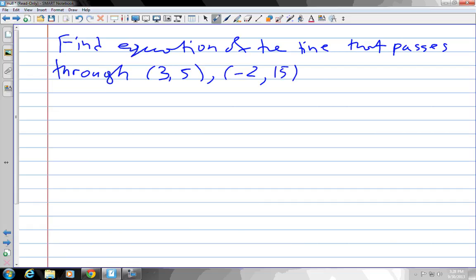So I have a line that goes through these 2 points, and so again, what 2 things do I need to find the equation of the line? A slope and a point, right? Well, I got 2 points and no slope. But I have enough information to find the slope of the line. Don't you agree? I have 2 points, so step 1 would be to find the slope.